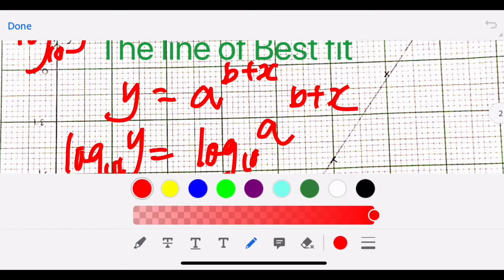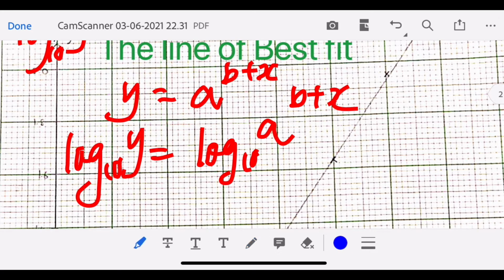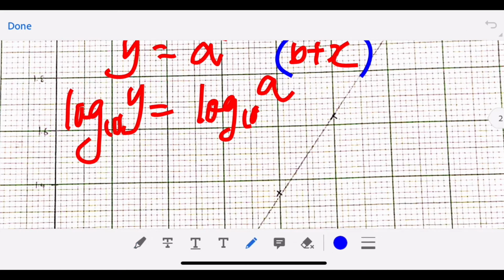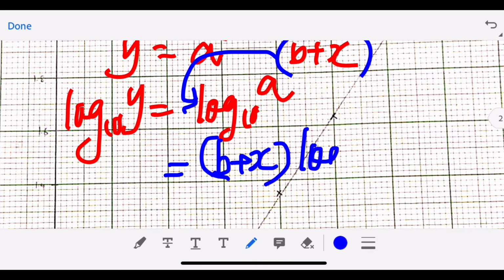As you know, when you apply the logarithm, the power will go in front: (b plus x) times log 10 a, and here is log 10 y.